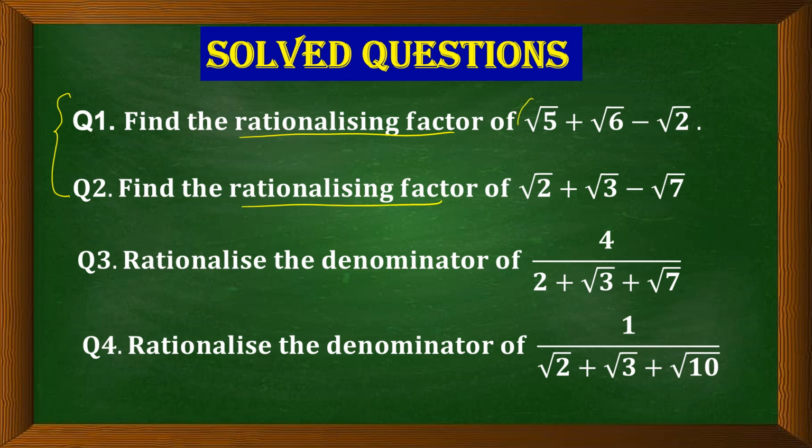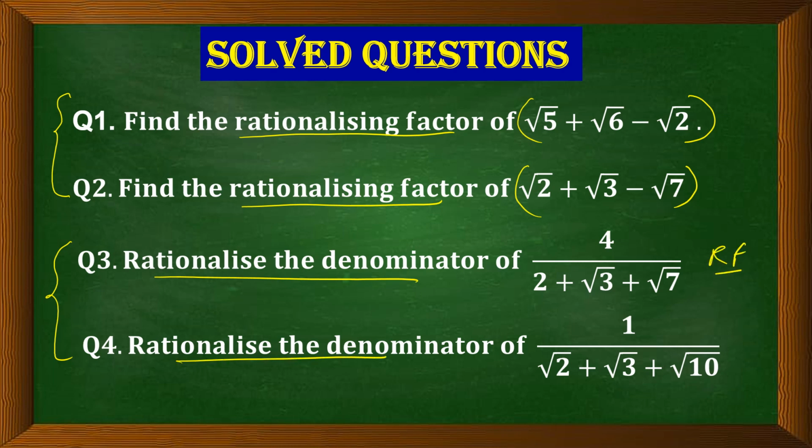Basically, we will solve this kind of expression where we have three irrational numbers and we will convert it into a rational number. In the next two questions, that is question 3 and question 4, we are going to rationalize the denominators using again the rationalizing factor. So the same concept which we will study in questions 1 and 2 is being used. So let us start.